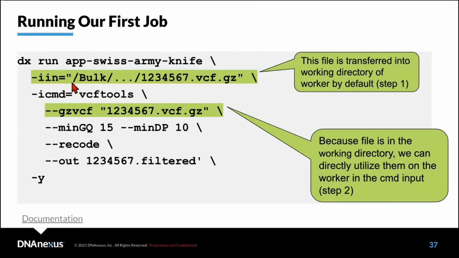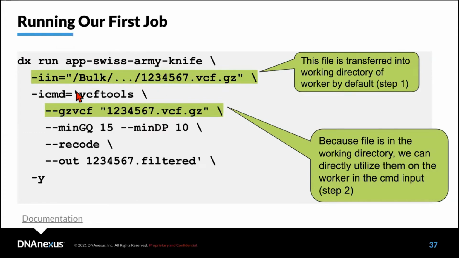Then we have one input file, bulk/something 1, 2, 3, 4, 5, 6, 7 VCF.gz. As we were saying, this file is transferred into the working directory by default. That's why in our icmd parameter, we refer to it as just 1, 2, 3, 4, 5, 6, 7 without the file path. So this is the biggest difference.